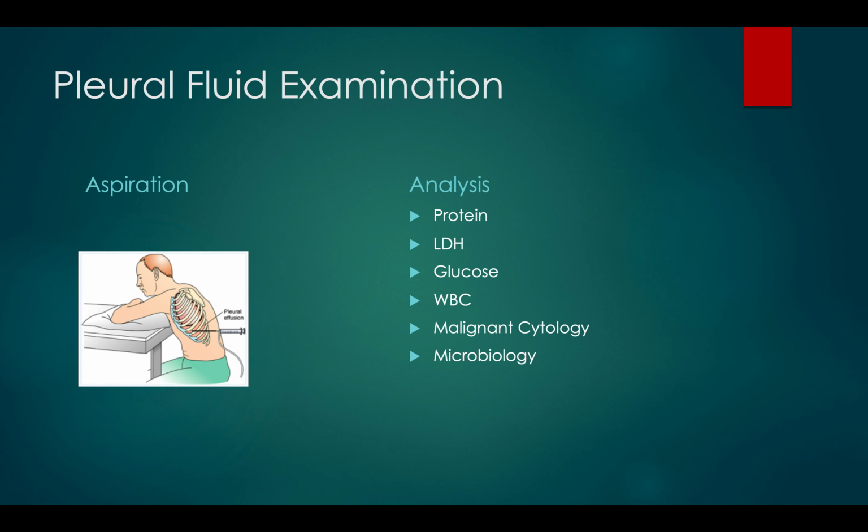Frank pus may be seen in the case of empyema. Similarly, the fluid should also be examined for the presence of any malignant cytology. Microbiological examinations include gram stain culture, Zn staining, and culture for tuberculosis.